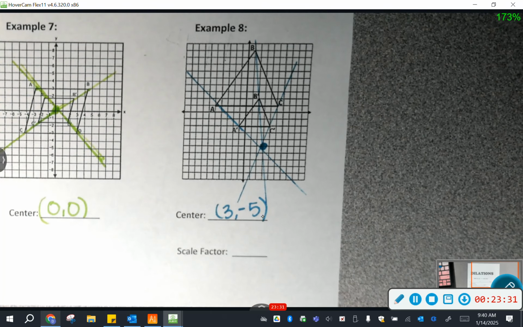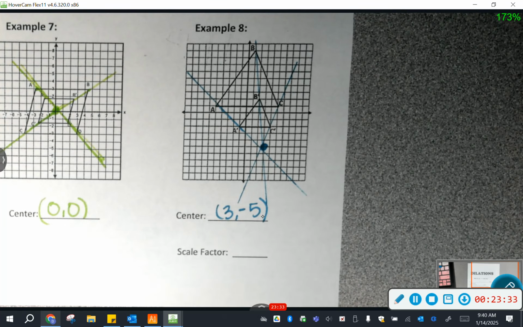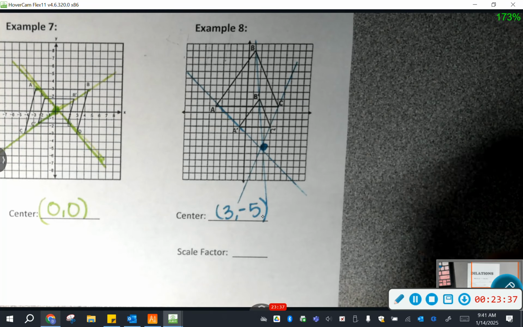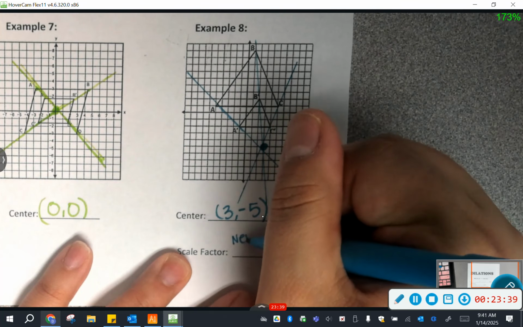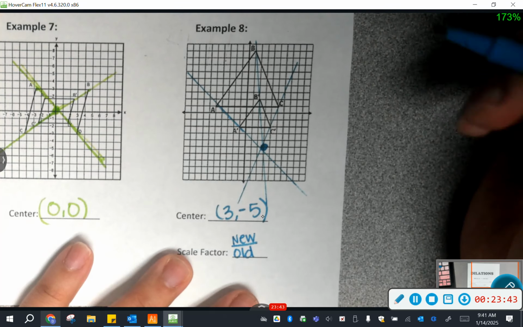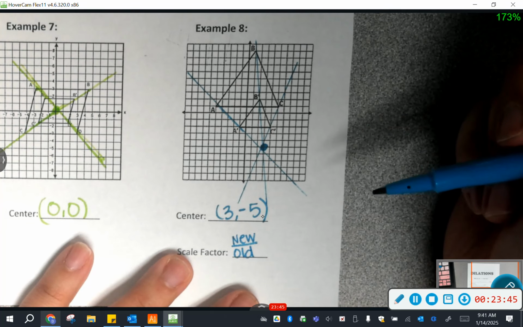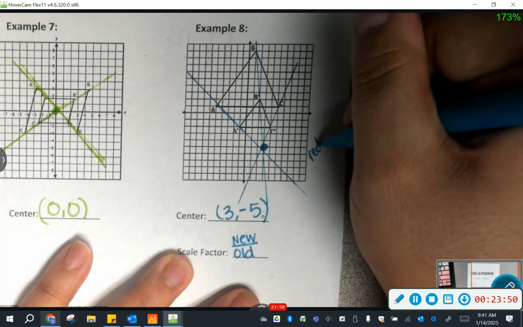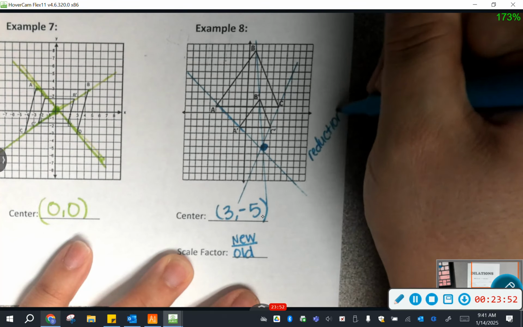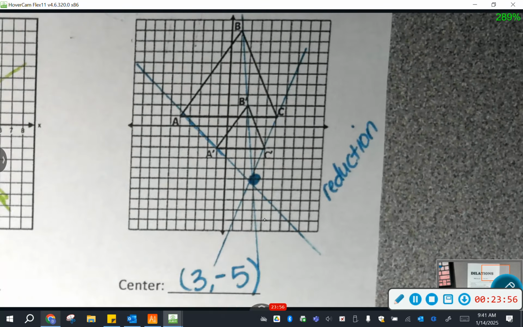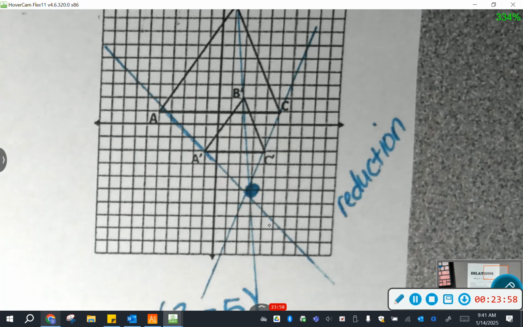Again, how do I find the scale factor? New over old. Is this a reduction or an enlargement? Be careful. Look at your primes. Is this a reduction or enlargement? This is a reduction. So what should your scale factor be? Yeah, it should be less than 1. It should be a fraction.